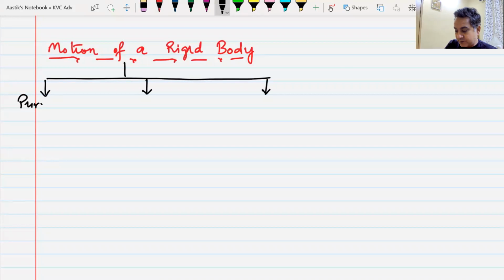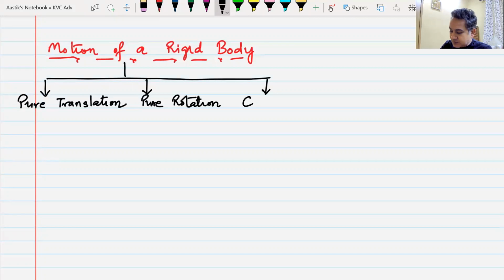The first type of motion is pure translation. The second type of motion is pure rotation. And the third type of motion, sometimes called combined or plane motion, is a combination of translation and rotation.